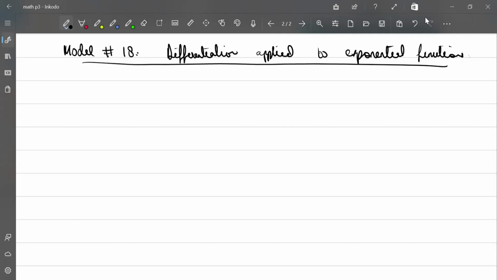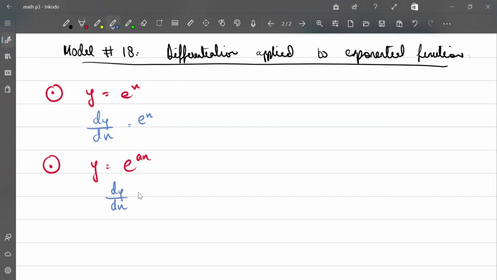So what is an exponential function? This is what an exponential function is. So what would be dy/dx? Simply, dy/dx would be e^x for this. Let's say we have another exponential function, y equals e^(ax). So dy/dx would be e^(ax) into a.